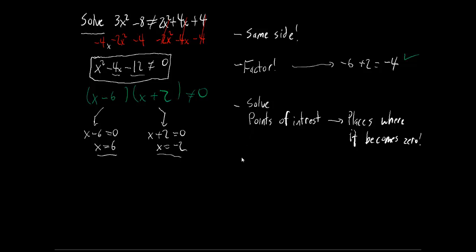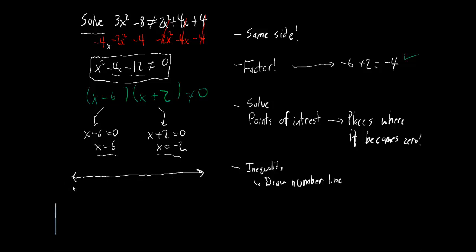Now that we know what points we're interested in, the next thing we should do, anytime we have an inequality, is usually to draw a number line. It'll help us visualize the solution a little better. So I'm going to start by drawing my little arrows and my line in the middle.